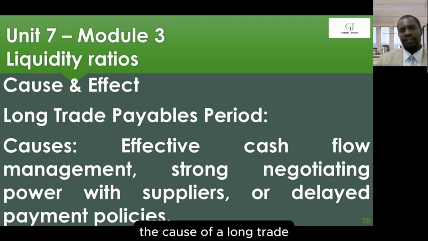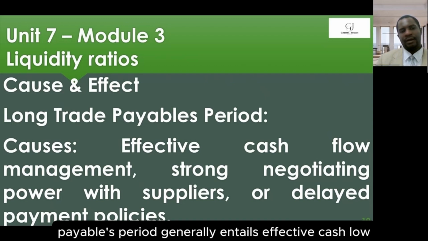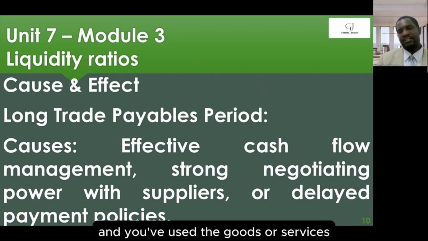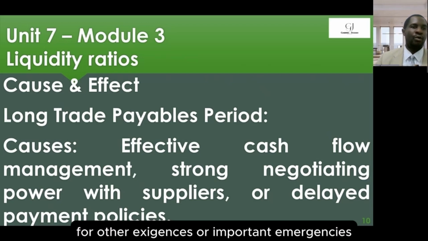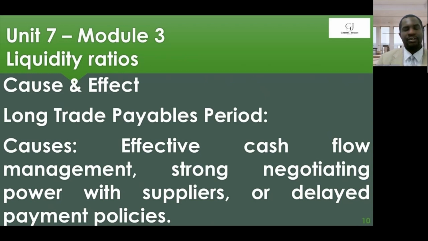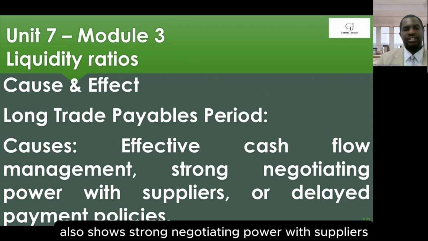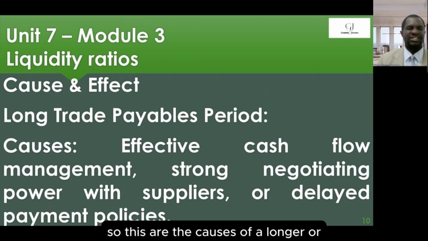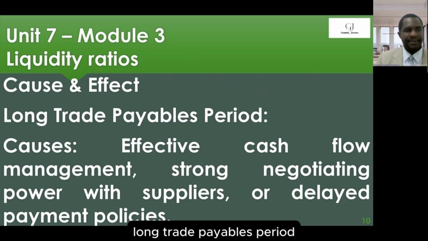So let's look at the cause and effect of a long or a shorter trade payables period. A long trade payables period generally entails effective cash flow management when the time to pay is longer and you've used the goods or services. You use your cash flow for other exigencies or important emergencies. It also shows strong negotiating power with suppliers or delayed payment policies. So these are the causes of a long trade payables period.